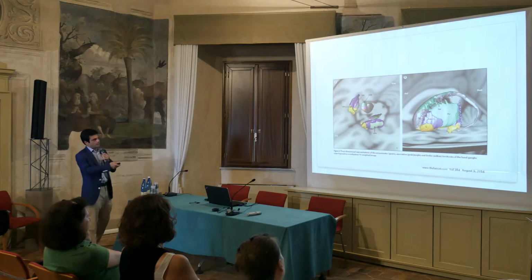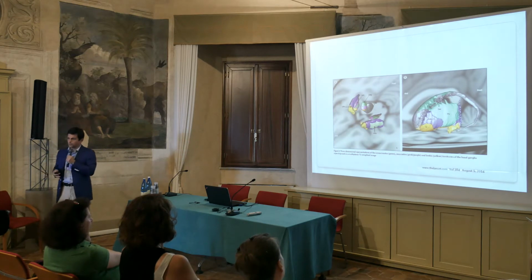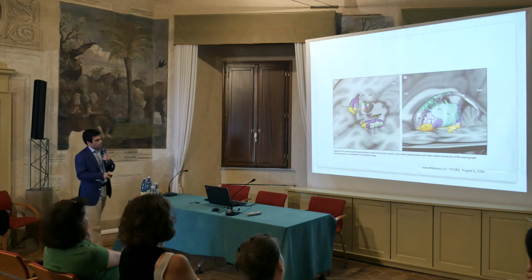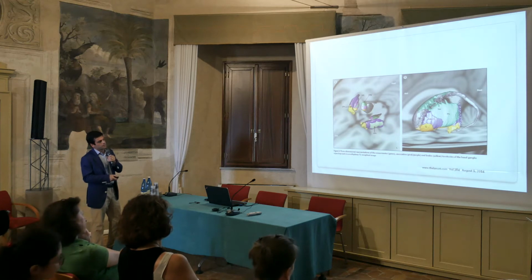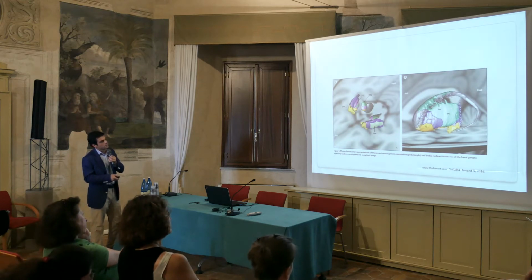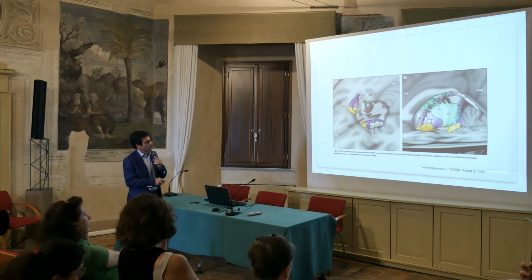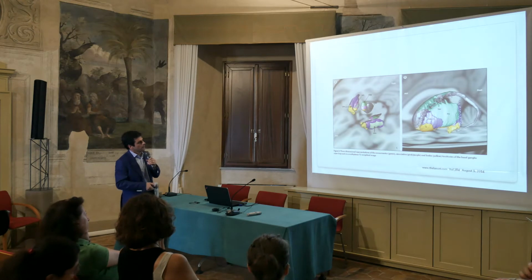And this is also a very nice reconstruction with functional MRI, which shows you the different distribution of the caudate putamen loops. So this is the somatosensory motor. This is the limbic area, the yellow, and the associative area is in violet.